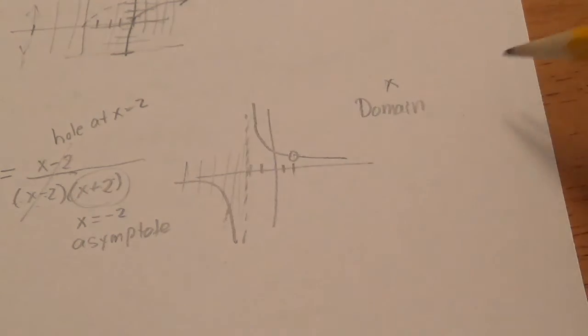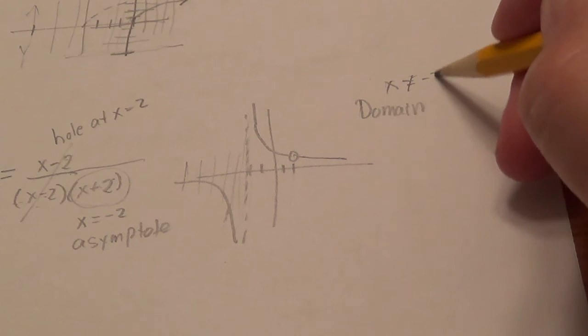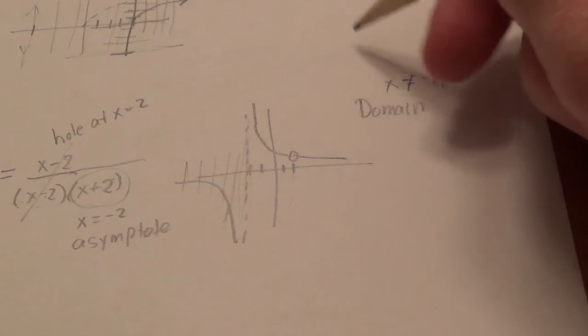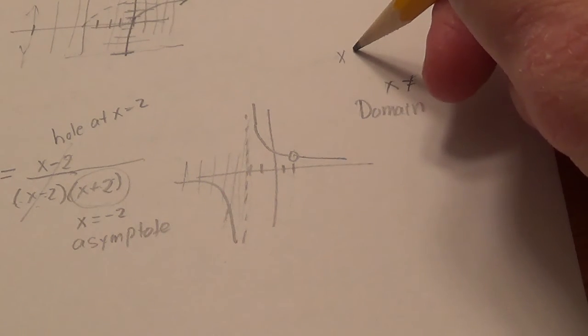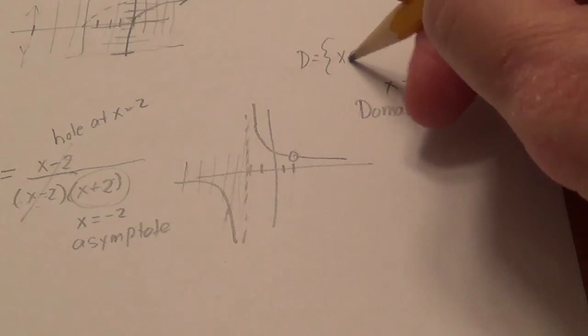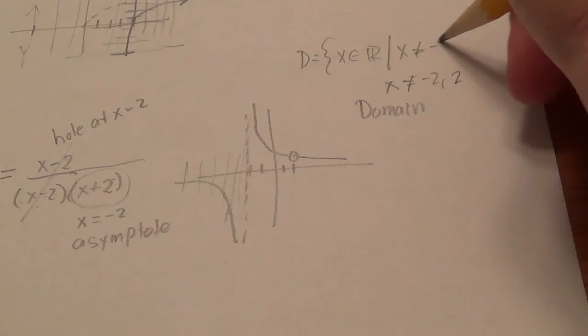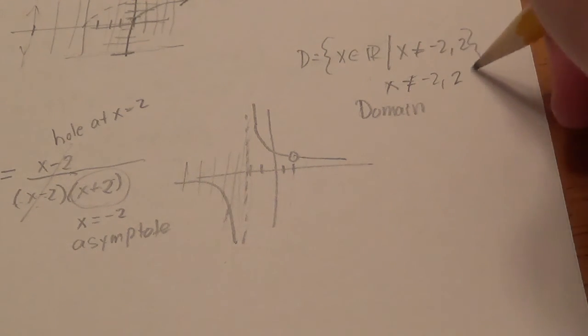So where the asymptote is, we say x cannot equal -2 and 2. The fancy way of saying it is the domain equals x, an element of the reals, such that x does not equal -2 or +2.